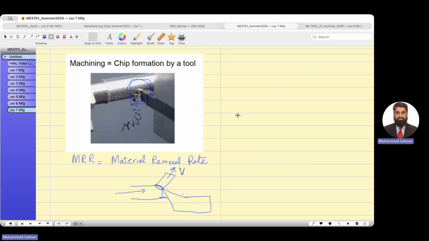This is the process known as turning, when you are turning down the diameter of a workpiece, which is a circular round workpiece. In the lathe machine, we have round workpieces. You see, such a big lathe.